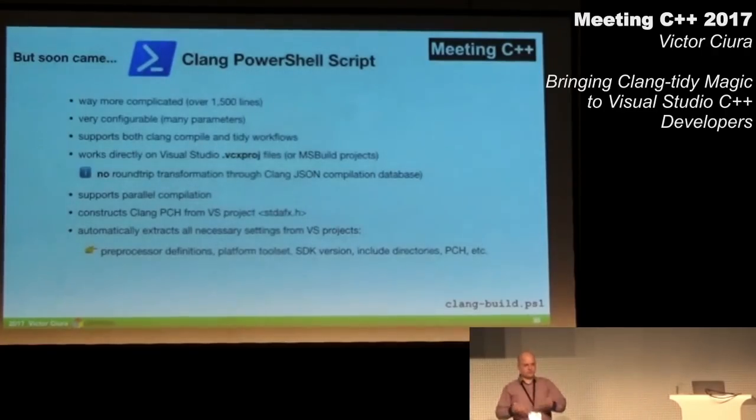So there's no conversion or round-tripping of MSBuild configuration or Visual Studio projects into a Clang compilation JSON database or anything like that. It works directly on your property sheets and project files. It supports parallel compilation, precompiled headers, and automatically extracts all the settings from your Visual Studio configurations: preprocessor definitions, platform toolset, SDK versions, include directories, PCH information, lots of other stuff.